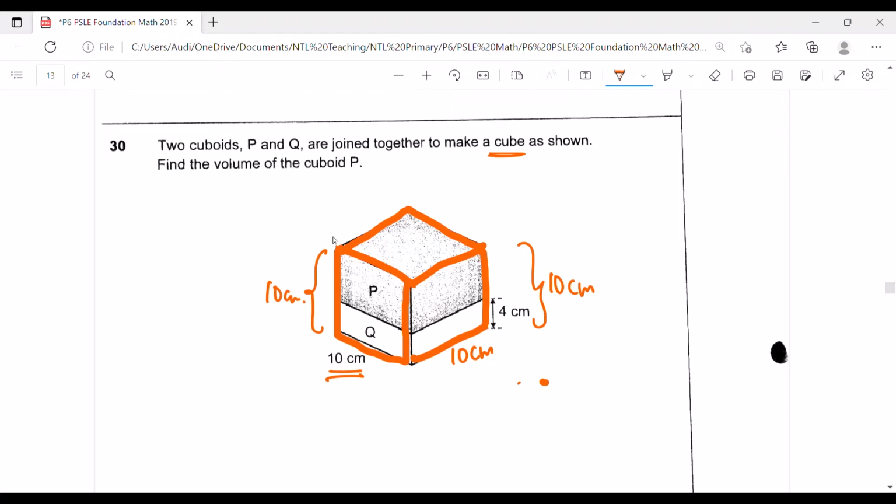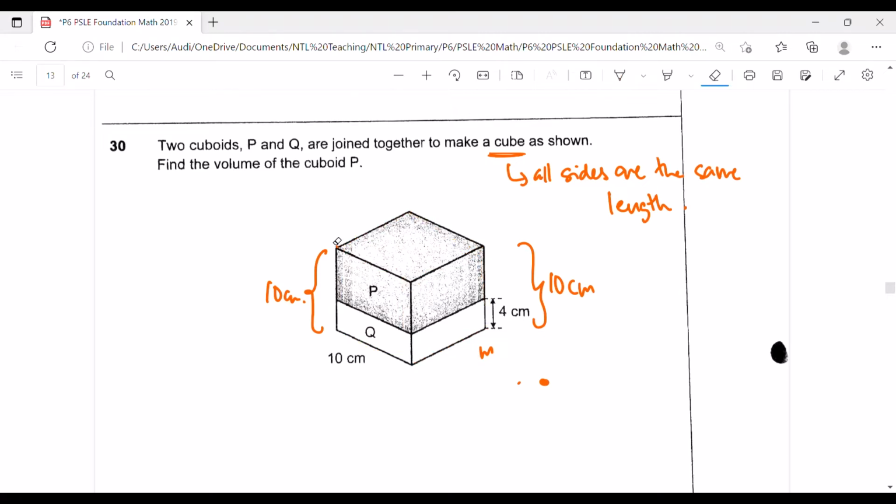That's the meaning of a cube. All sides are the same length. Now let me erase this. Let's put in the numbers again. So we know that this is 10 cm, this is 10 cm.